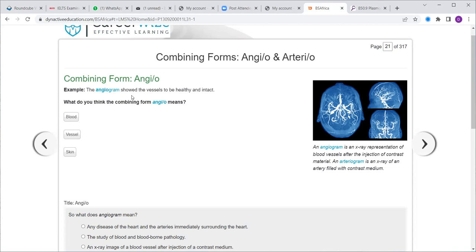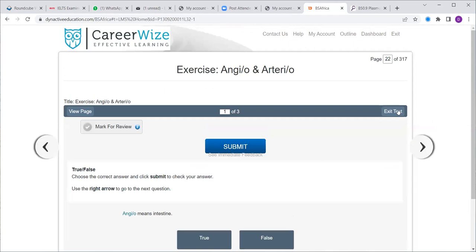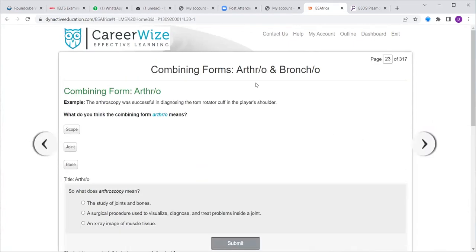So angiogram simply means an image of a vessel, or an X-ray image of a vessel, a CT scan image of a vessel, an MRI scan image of a vessel. Are you getting the picture? Yes, I am.